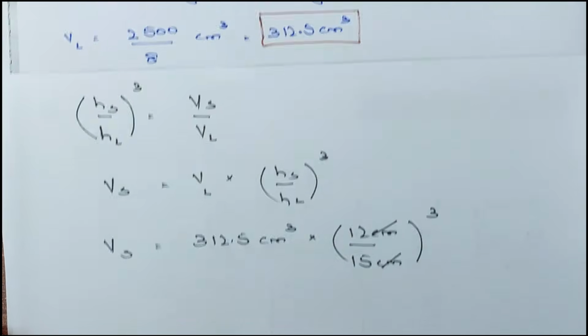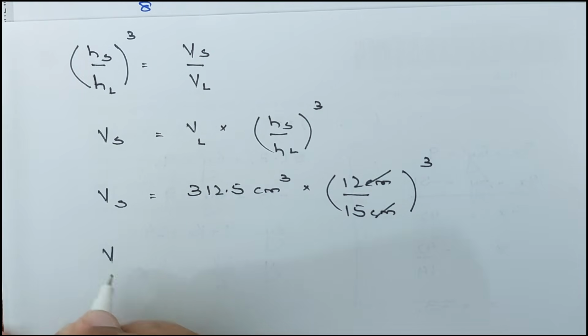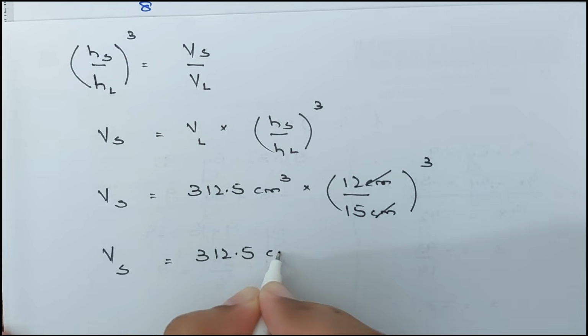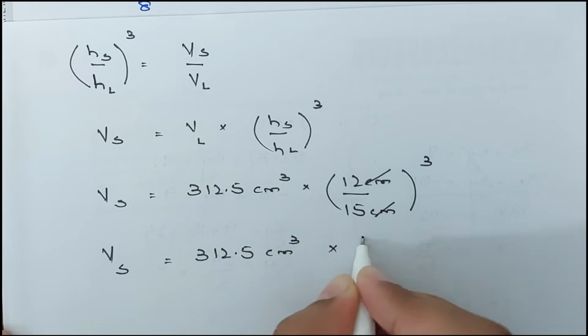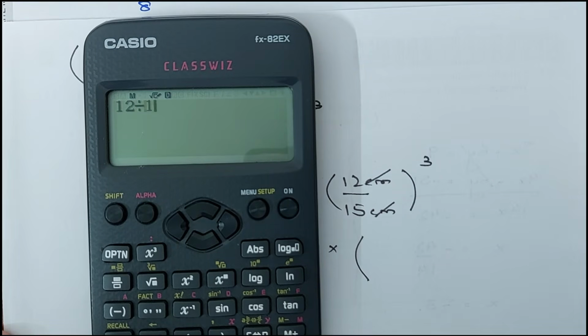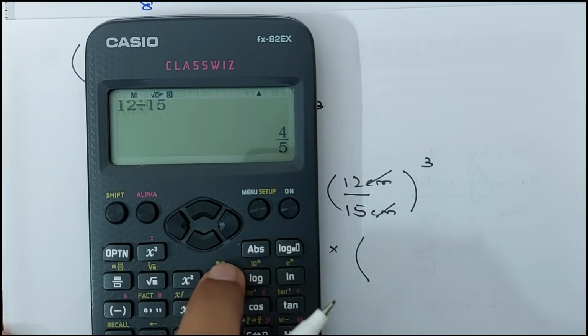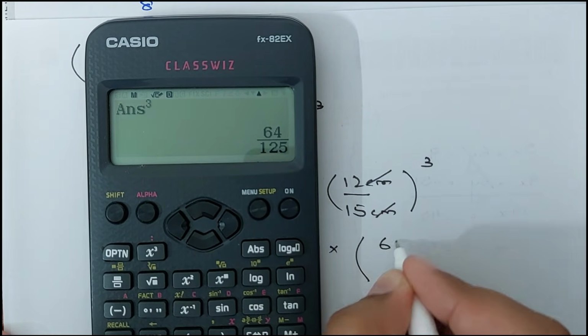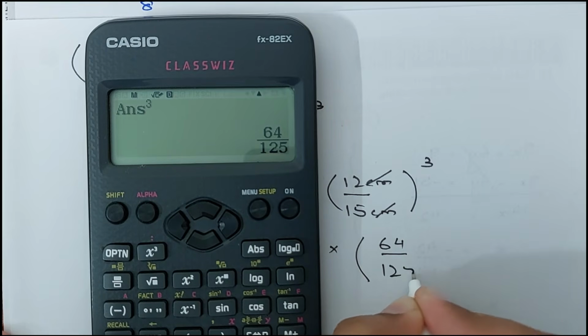Centimeter cancels with centimeter. 12 out of 15 is 4 over 5, and its cube is 64 over 125.